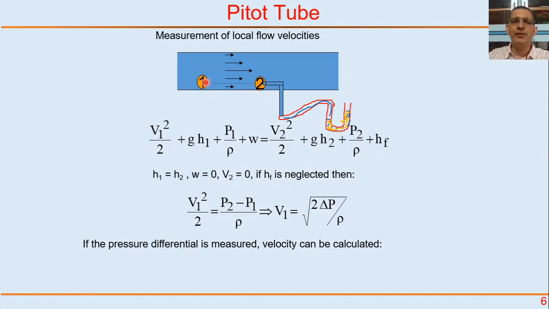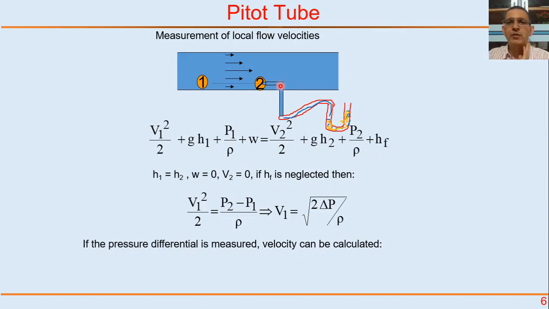Now if I apply the Bernoulli equation between 1 and 2, no pump, frictional head loss negligible, H1 and H2 are the same, I can relate V1 and V2. Remember, at 2 the fluid comes here and stagnates. It doesn't go through here. So the velocity at location 2, just inside the tube, is 0.